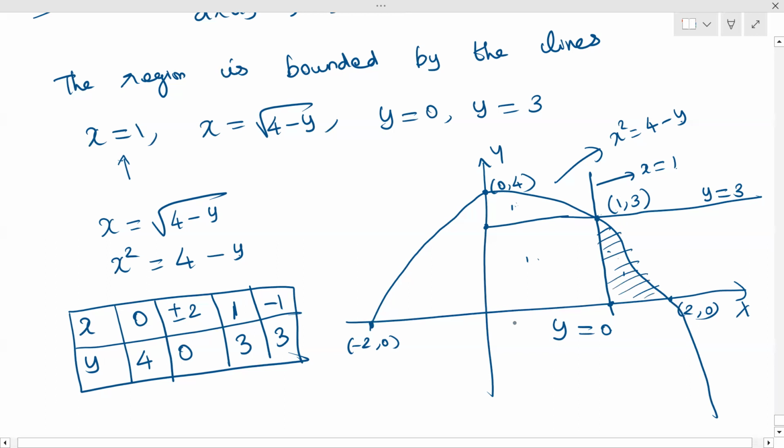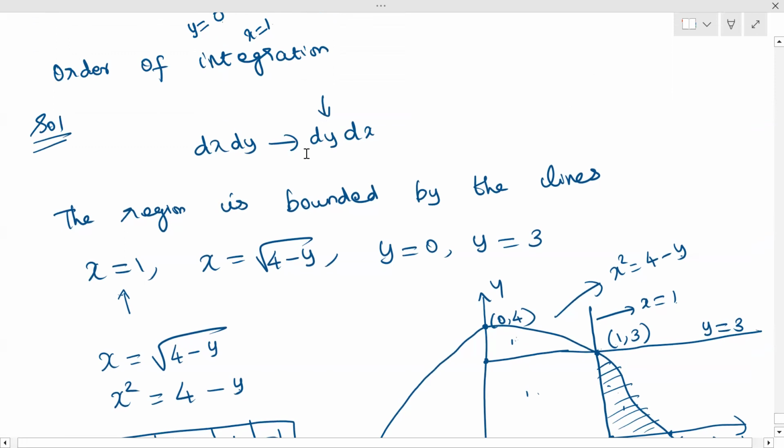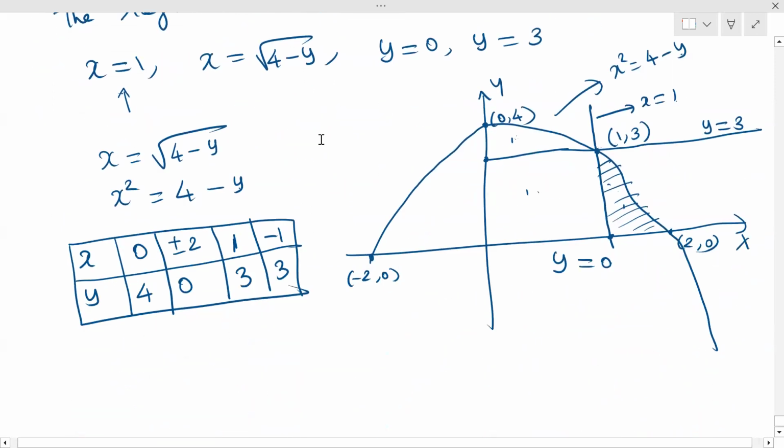Okay. Here actually what we need is the y limit first. So y limit first means here you have to draw a line parallel to the y-axis in this region. So here this is the starting point of the line in the region. What is the value of y here? y equal to 0.